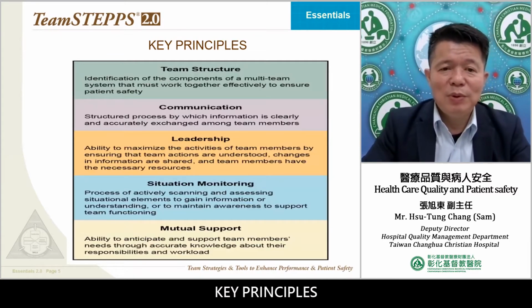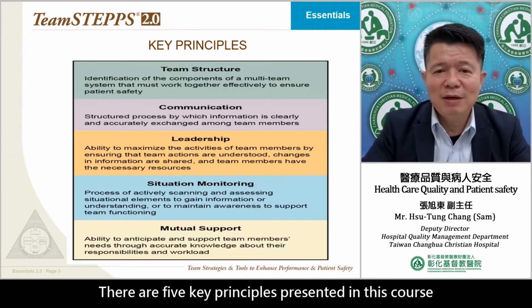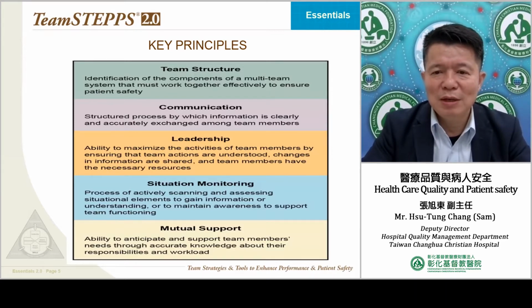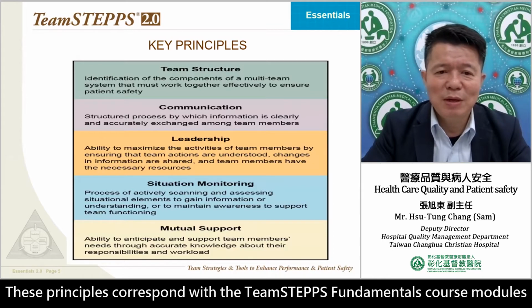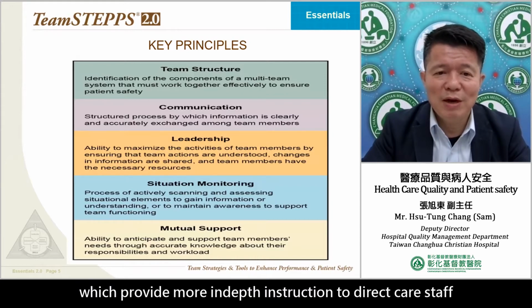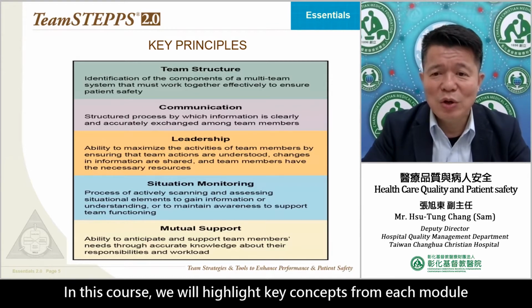Key principles. There are 5 key principles presented in this course. These principles correspond with the TeamSTEPPS Fundamentals course modules, which provide a more in-depth introduction to direct care staff. In this course, we will highlight key concepts from each module.